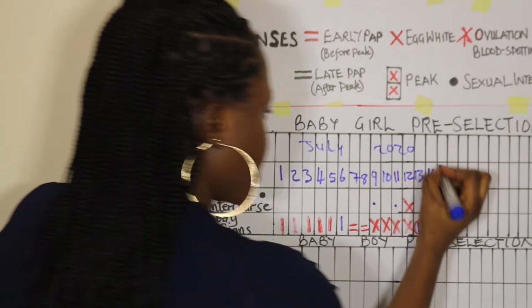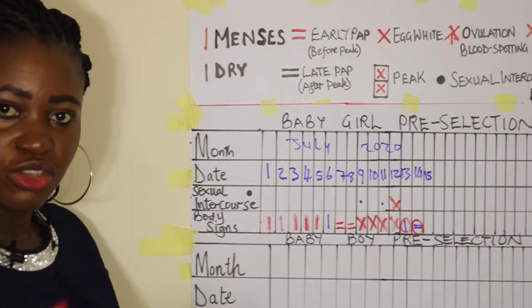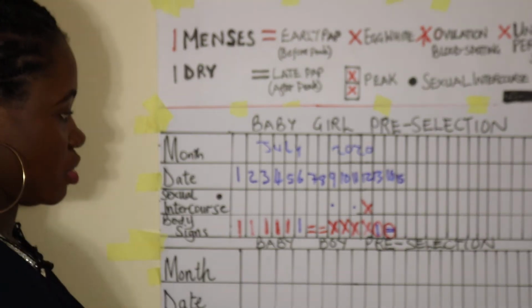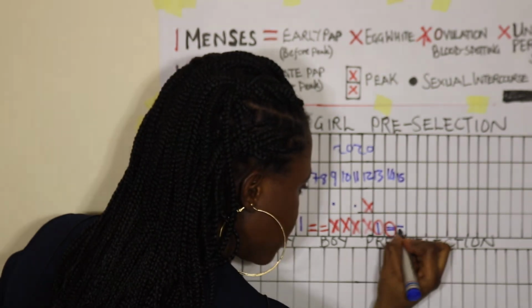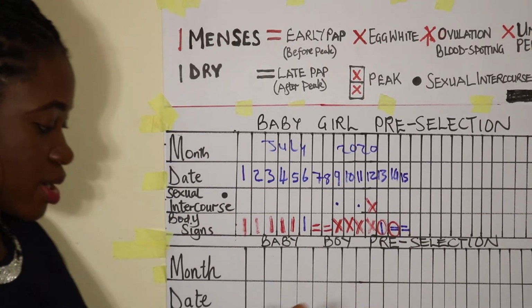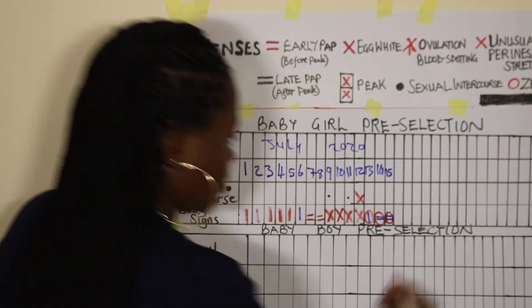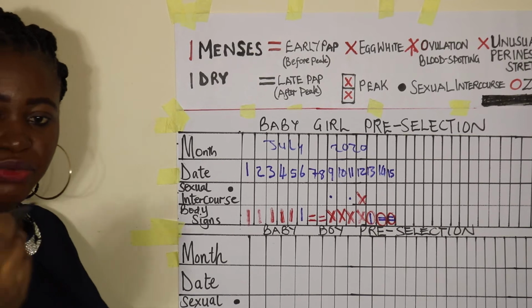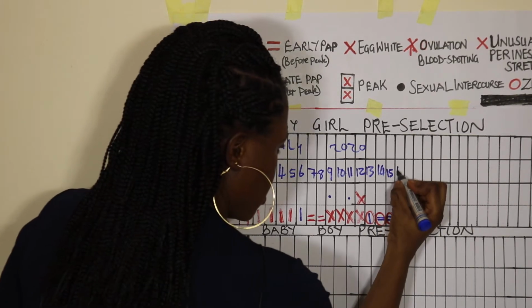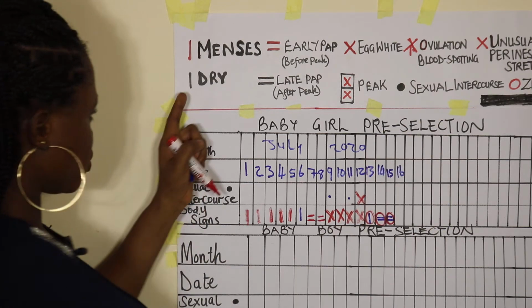On her cycle day 15, she still saw her late pap, and she marked her late pap sign, equal sign, in blue or black. She will still mark red. And then on her cycle day 16, she was dry.